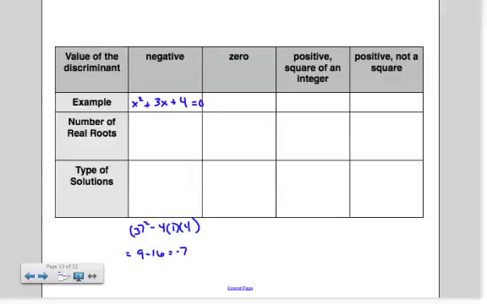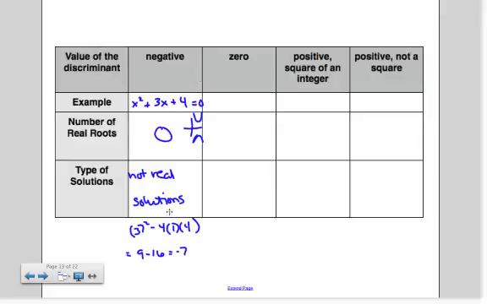There are 0 real roots. No real roots. It doesn't hit the x-axis at all. It'll be a frowning face or a happy face, but it won't ever cross the x-axis. The solutions are not real, so there's really not one for you to find right now.